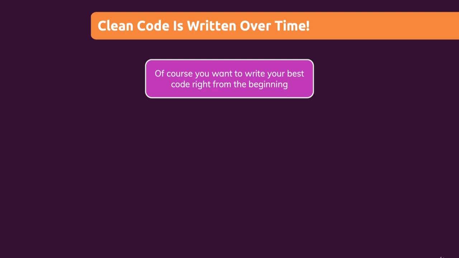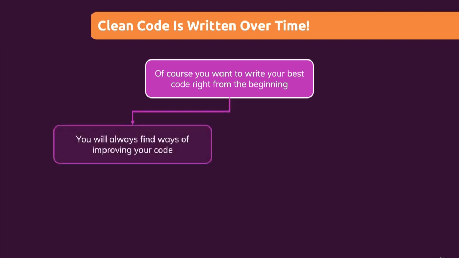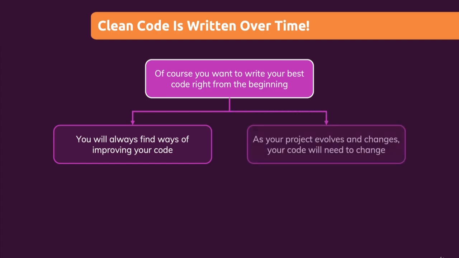You're starting a new project, and especially after taking this course, you probably want to write the cleanest code possible right from the start. The thing just is, you will notice that you will always find ways of improving your code over time. You will never write the best possible code right at the start. Also, because your project, of course, typically evolves over time.